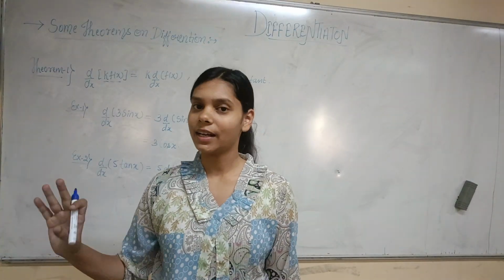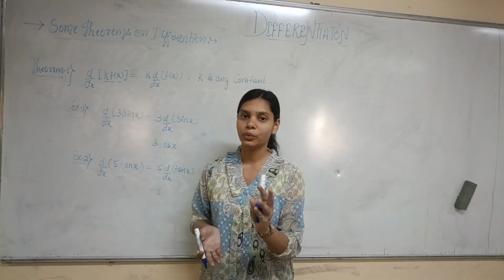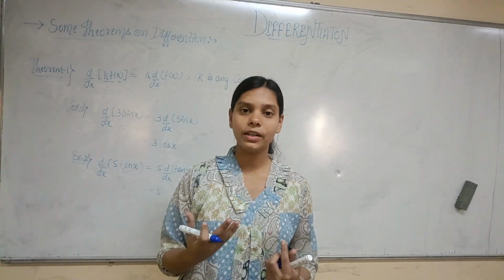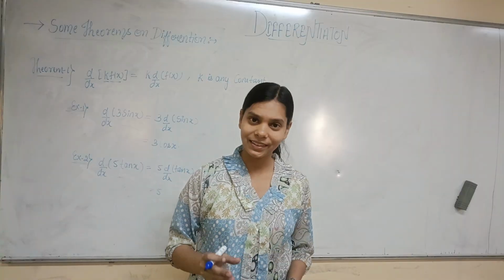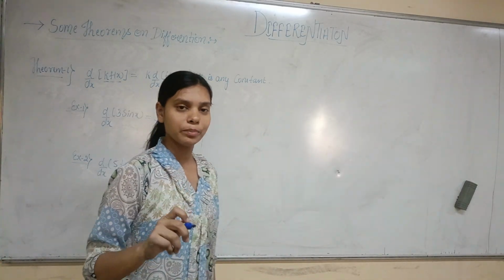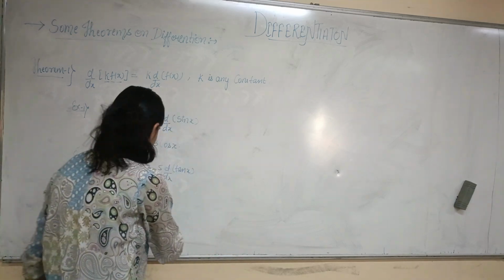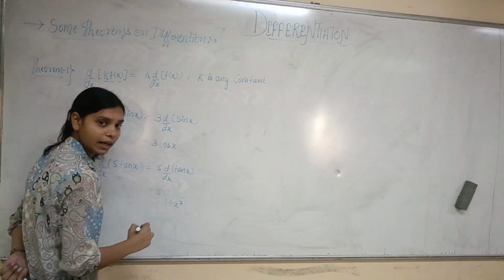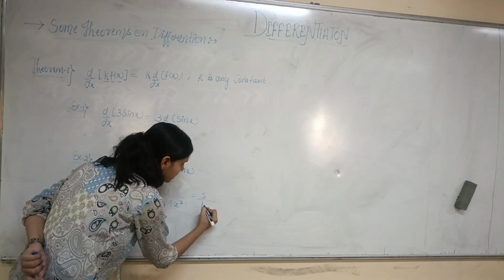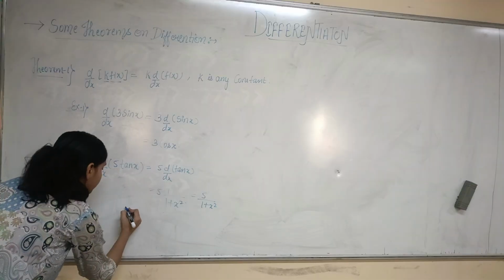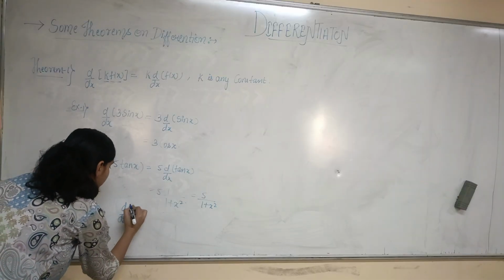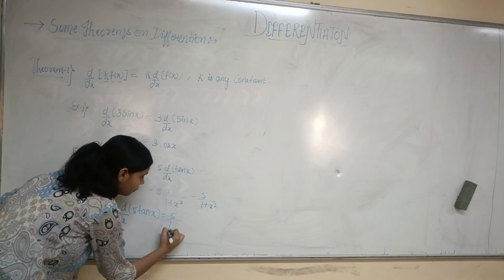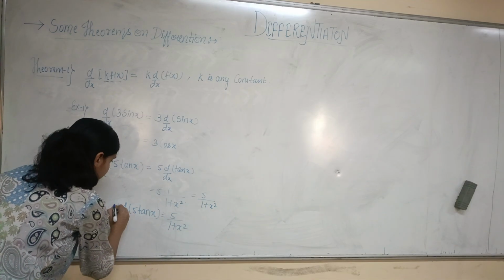I already explained in lecture number 1, I gave you a lot of direct formulas. Exactly, the differentiation of tan x is 1 upon 1 plus x square. Now 5 upon 1 plus x square. So d by dx of 5 tan x is equal to 5 upon 1 plus x square.